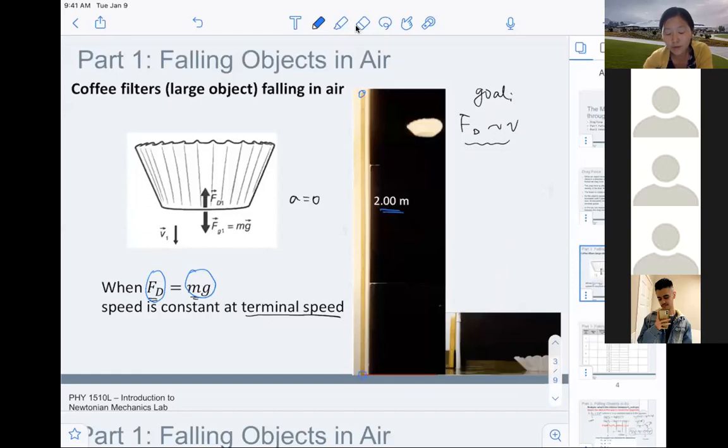Now, the idea is if you let the coffee filter drop from very, very high, then by the time it reaches your meter stick, it will already be at terminal speed. It's already traveling with a constant velocity.